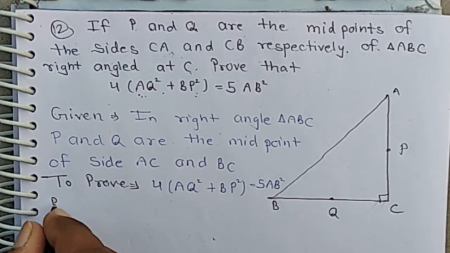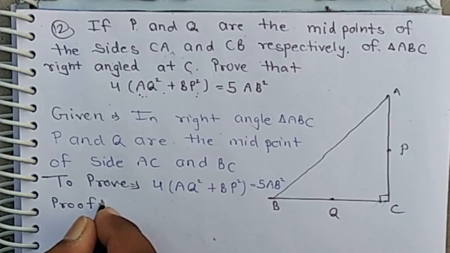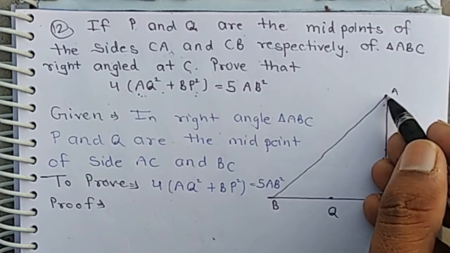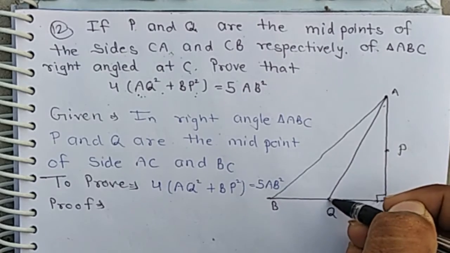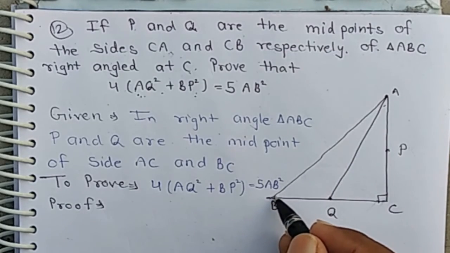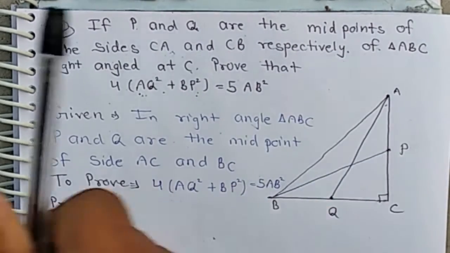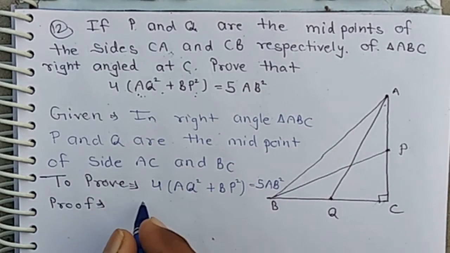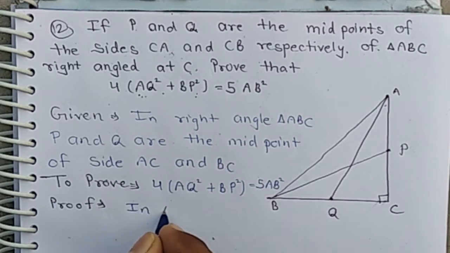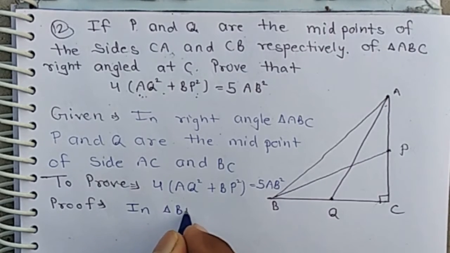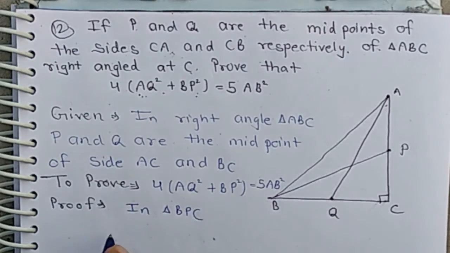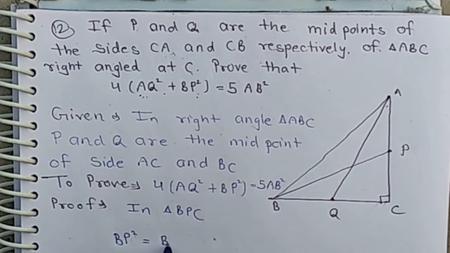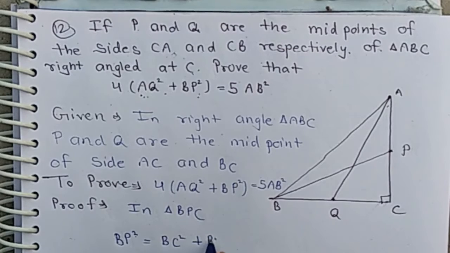Now proof. For AQ square and BP square, join AQ and join BP. In triangle BPC, BP square is equal to BC square plus PC square.